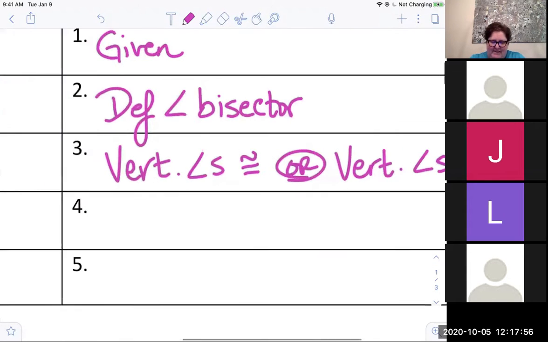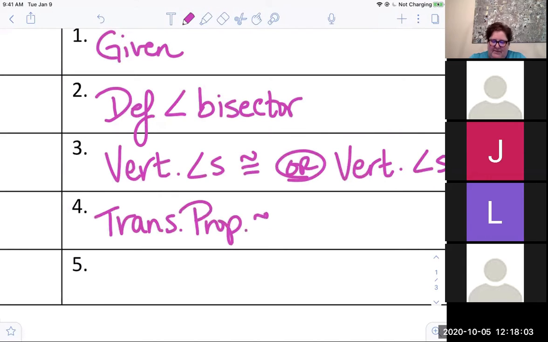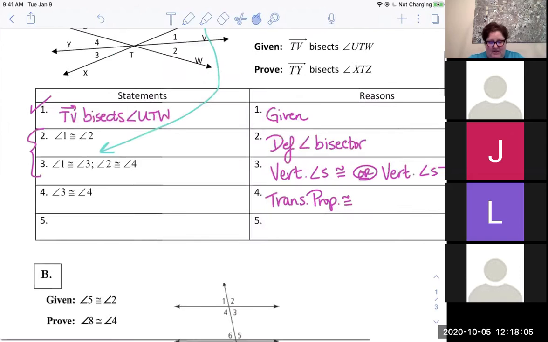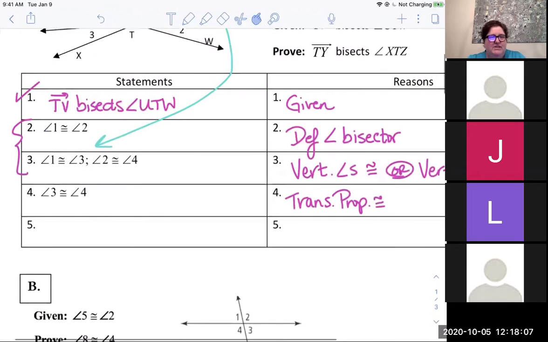Tell them why it's not substitution. Because there's no substitution property of congruence. Good. When you're doing substitution, they have to be equations. If it looks like substitution, but it's congruence, it has to be transitive. Substitution's only for equations. So is subtraction. Subtraction is also a property of equality.